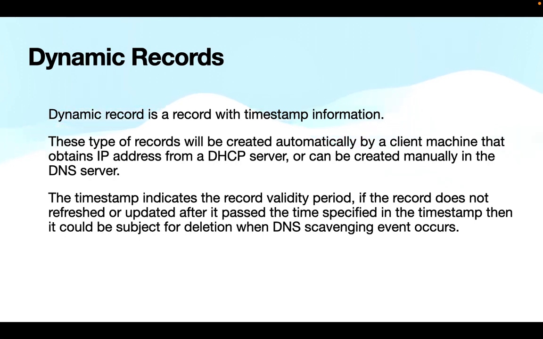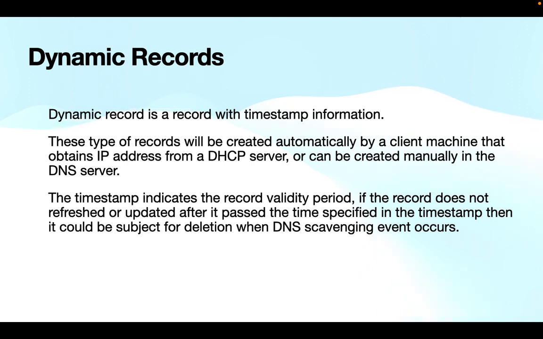Such records can be created manually in a DNS server, and we can convert statically registered records into dynamic ones. We will see how to convert dynamic to static and static to dynamic in another video. I will share that link in the description.